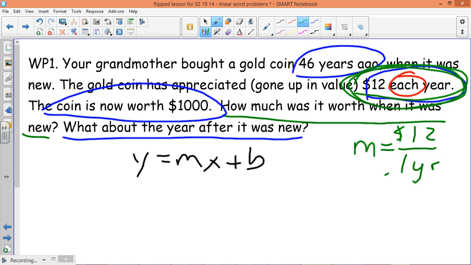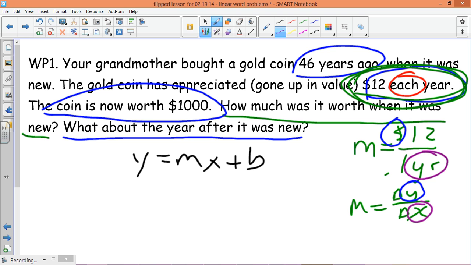Remember, slope is equal to change in y over change in x. This means that my y is really dollars, and my x is really years.